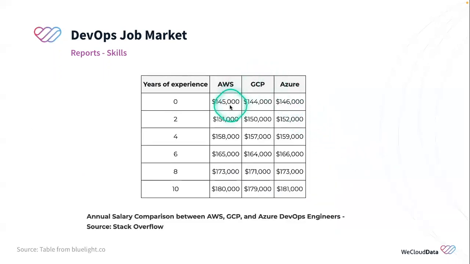And just to show that you really just have to focus on one of the clouds. You don't have to know all three. This shows that there's not much disparity between the different types of cloud. Really, what's important when it comes to your salary and salary expectations is the number of years you've worked in any cloud environment.